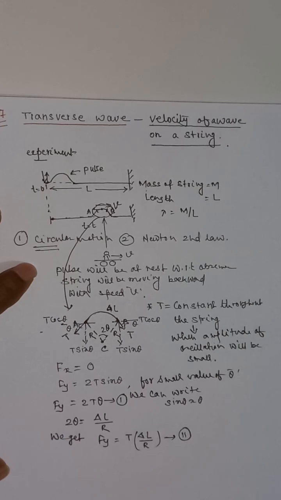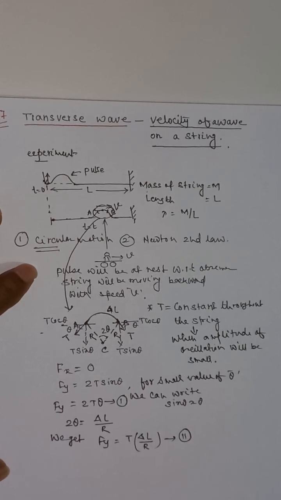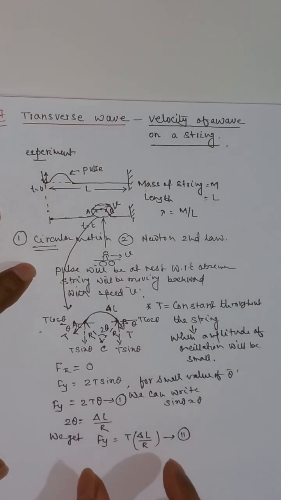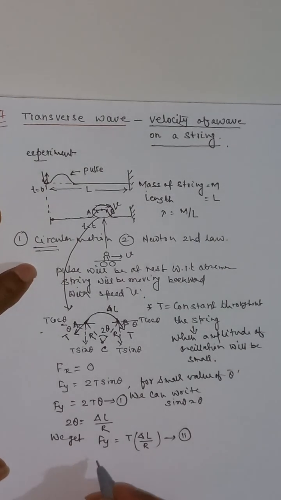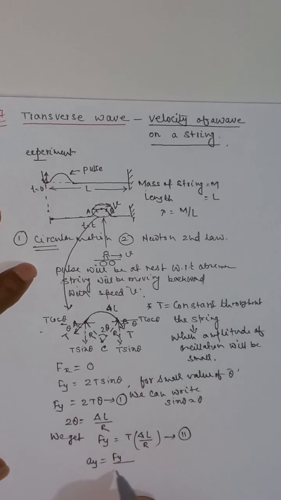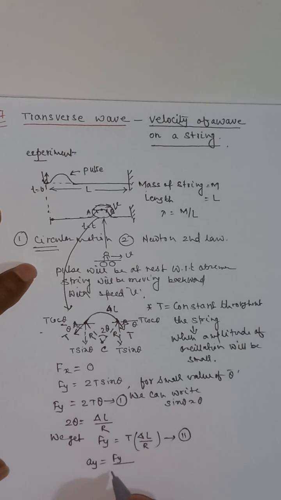Now we have analyzed the forces on this element AB. As we know, the net resultant force on the element is Fy. So we can find the acceleration of this element. Ay is equal to Fy divided by the mass of the element.